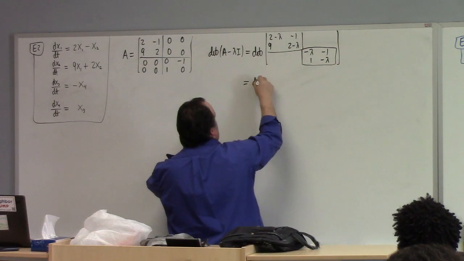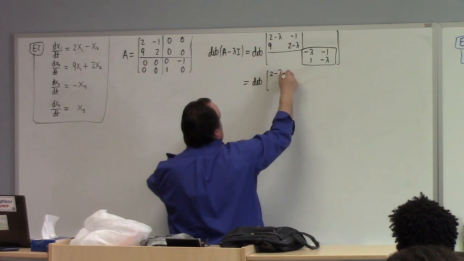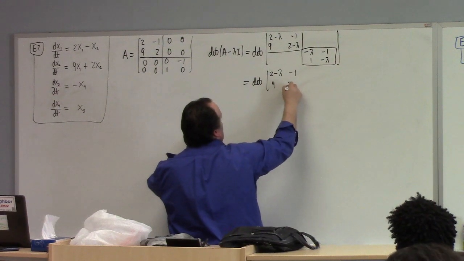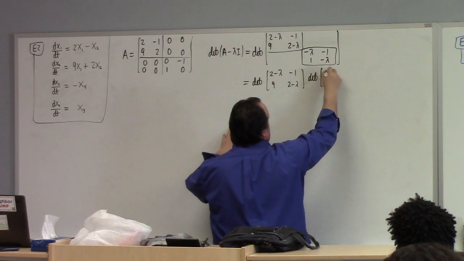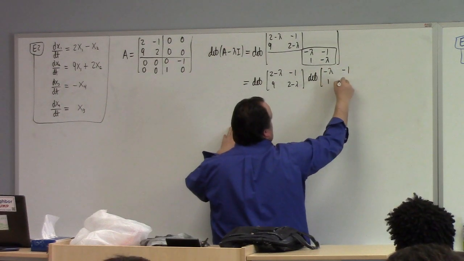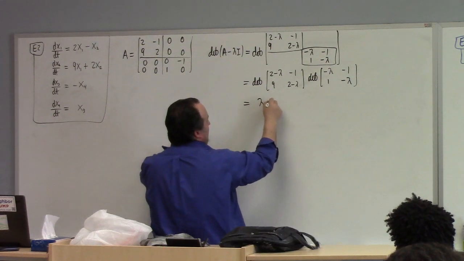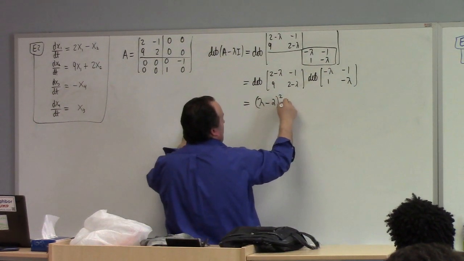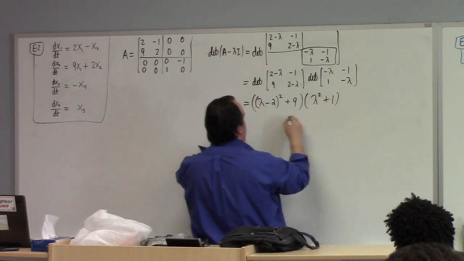Fun fact, that's the determinant of these guys. Now, admittedly, if you don't know that, that would have slowed you down, but now you know it, so you don't need to be slowed down again. And that's lambda minus 2 quantity squared plus 9, times lambda squared plus 1.